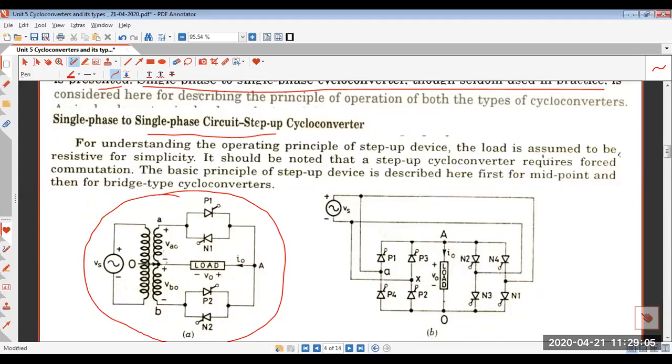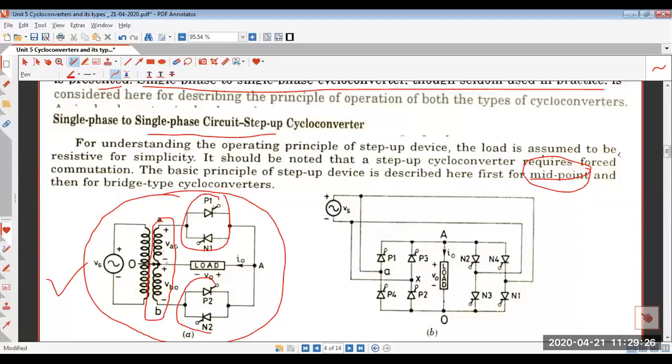But this particular circuit which is shown here is a midpoint type cycloconverter, because a center tap transformer is used here and the SCRs are used in pairs, anti-parallel to one another in two groups.